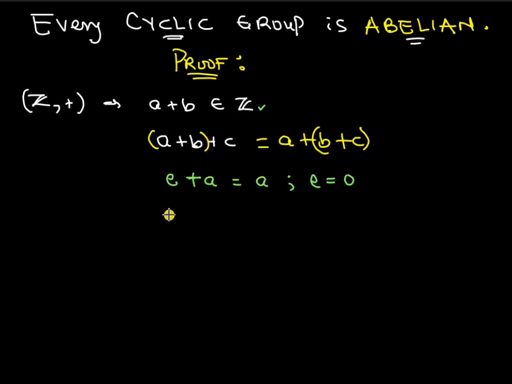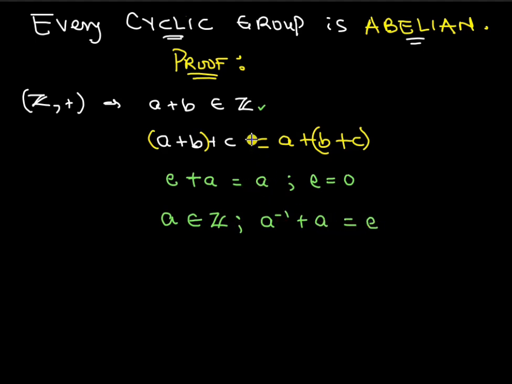And finally, for every element you pick in Z, assume that A is in Z, the inverse of A should be in Z. And what is the meaning of inverse? Inverse of A, we write it this way. This is just a nomenclature. It means that if you use the binary operation on A and its inverse, it should give you the identity element.